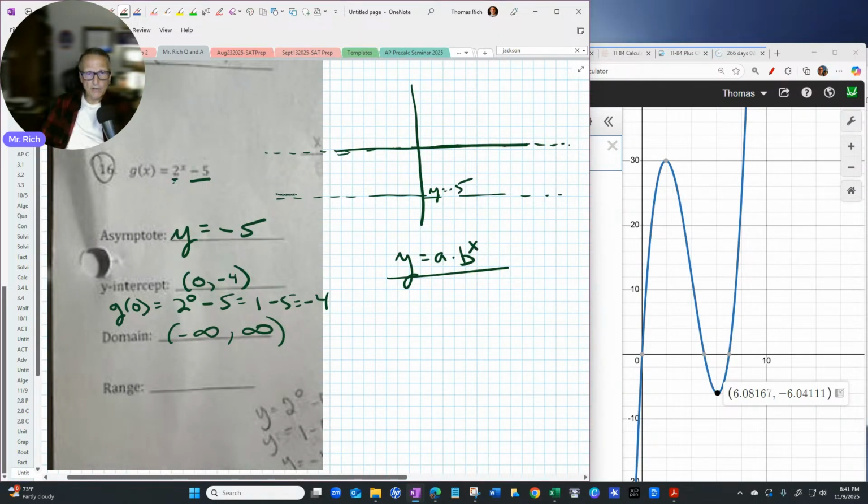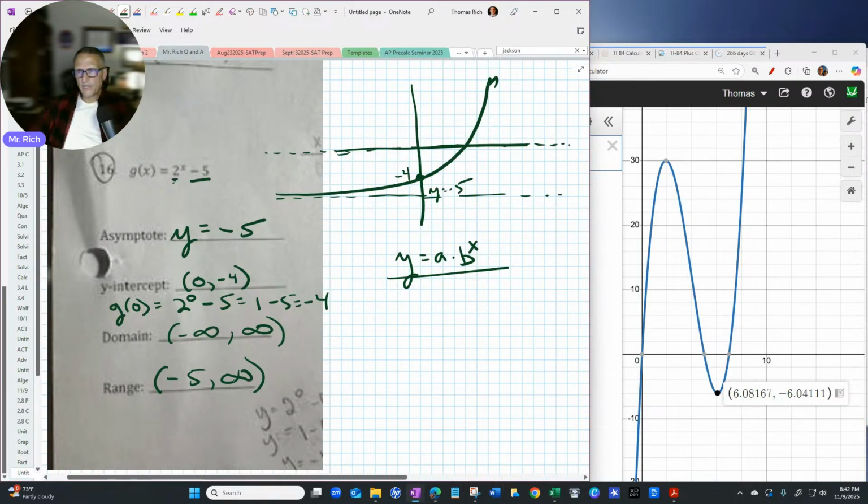So the function is going to be looking something like this, crossing here at 0, negative 4. But this would tell me that since the horizontal asymptote is down here at y equals negative 5, the range starts at negative 5 and it goes to infinity like that. And that's going to be our range.